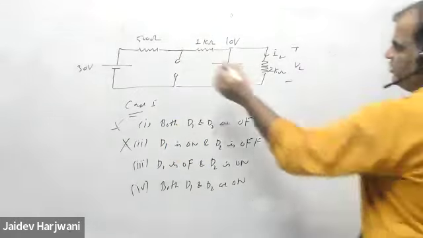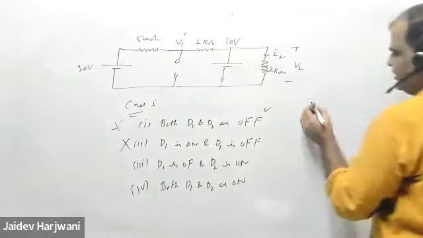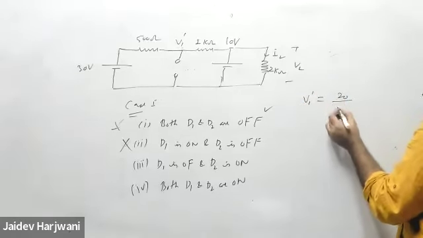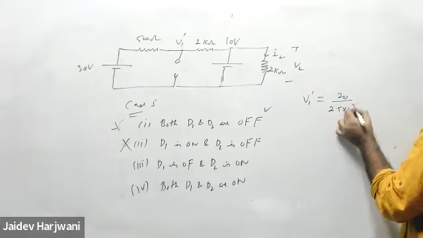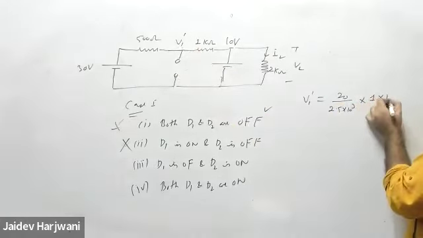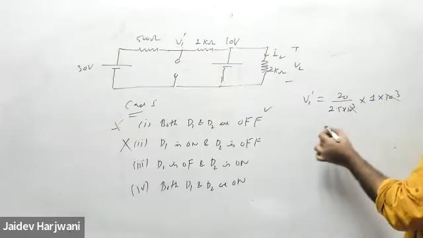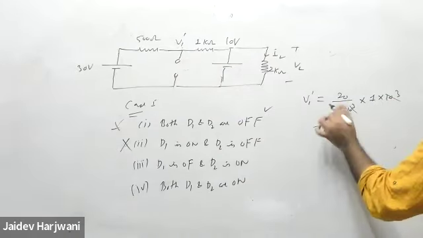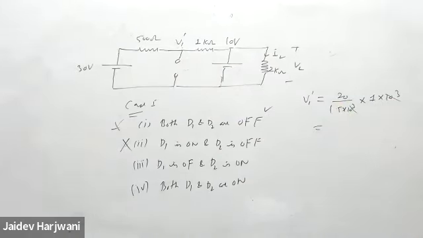So across 1 kilo ohm, I will say now this V1 dash, some value. V1 dash will be 20 volt divided between 2.5 kilo ohm into 1 kilo ohm. So this is coming how much? Tell me. 1.5, not 2.5, 1.5.